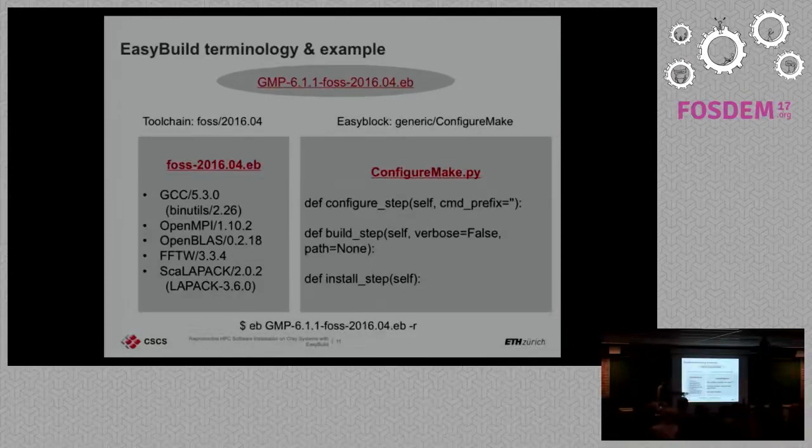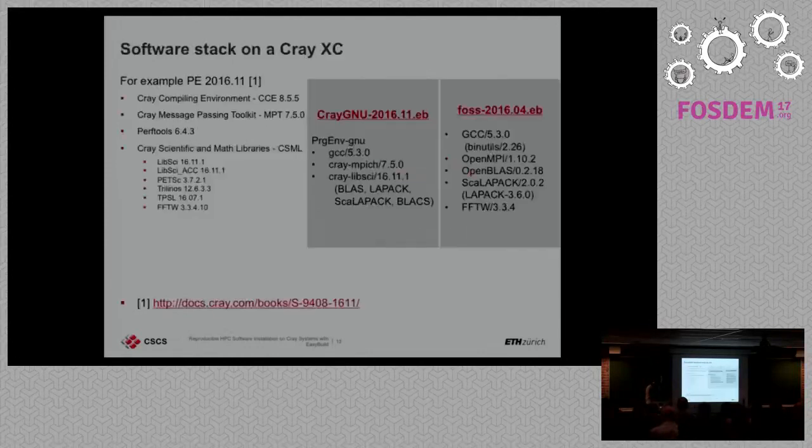And then typically with EasyBuild, you are going to rebuild everything from scratch. You are going to rebuild all the toolchain that you need, because we don't want to use the things that you have already available on the system, as we might not achieve reproducibility. The difference on Cray is that the programming environment is already there.